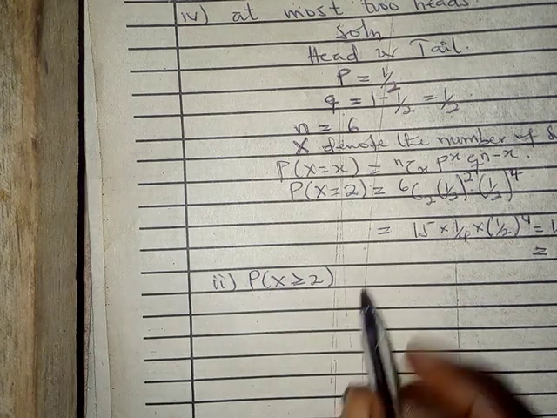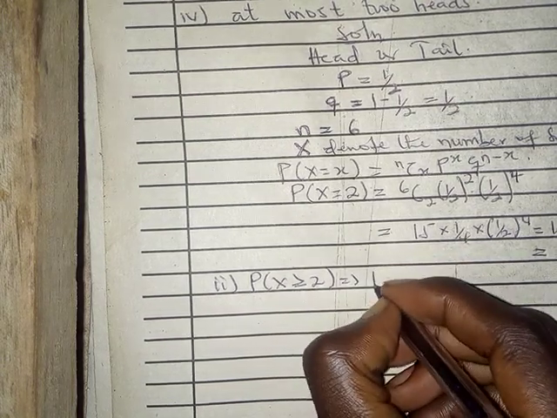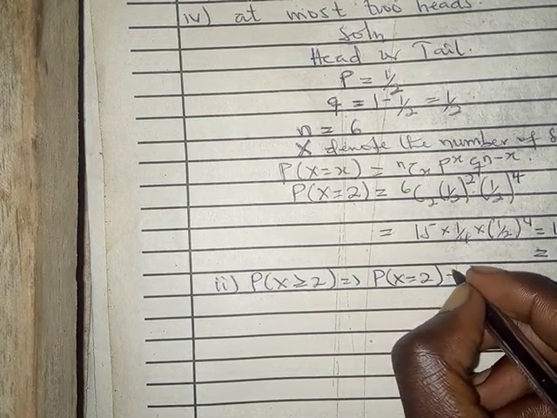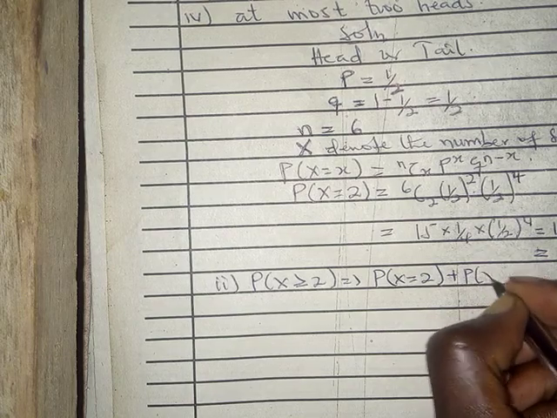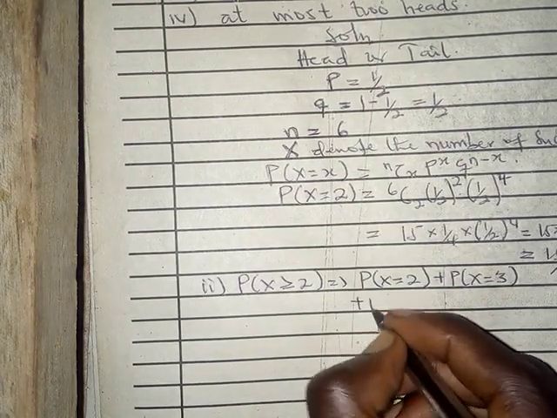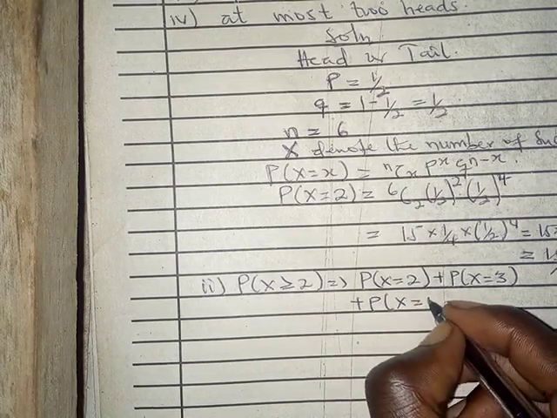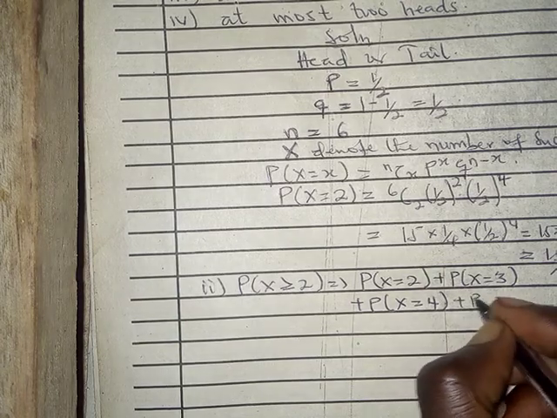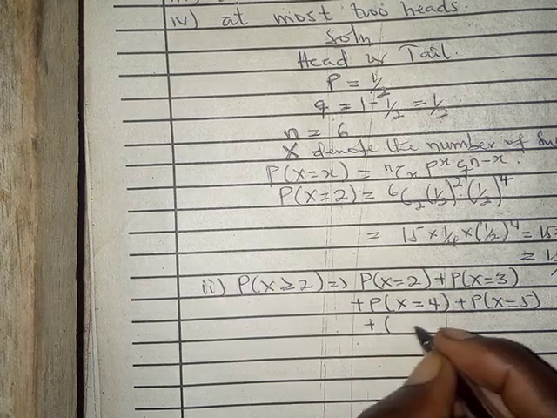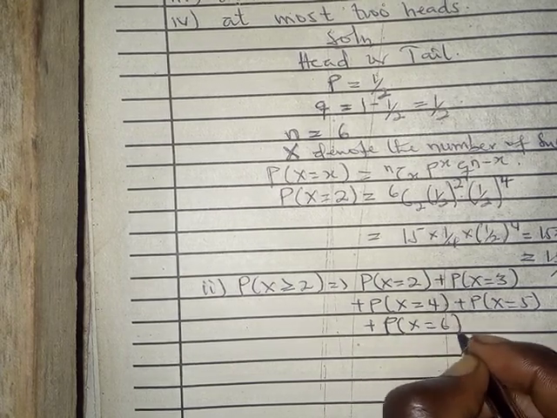But remember, if we say 2 or more heads, it means that we have to work out the probability of getting 2, or the probability of getting 3, or the probability of getting 4, or the probability of getting 5, or the probability of getting 6.